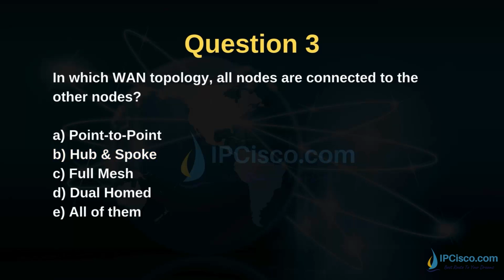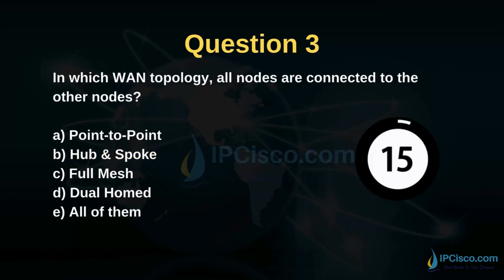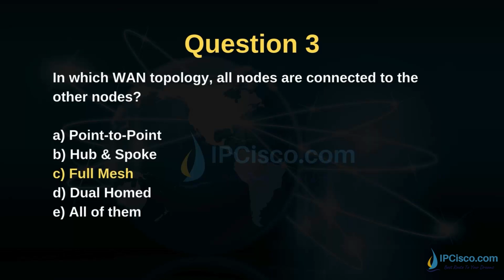In which WAN topology are all nodes connected to the other nodes? Point-to-point, hub and spoke, full mesh, dual-homed, all of them. The answer is full mesh topology.